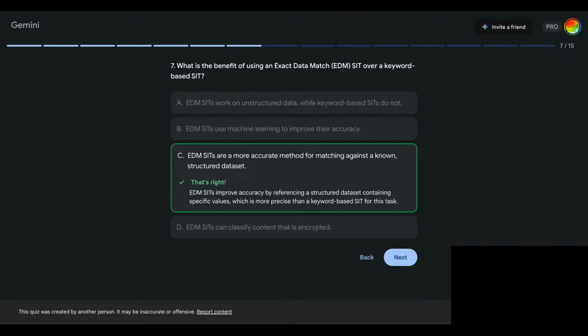So, for example, if I'm trying to detect or monitor a specific ID number, let's say I work in a bank, there's a specific account number that I'm monitoring, and I'm trying to see what's happening on that account number. If there's somebody who's stealing money from it or doing something fraudulent, I would use exact data match and type that exact account number onto the Microsoft platform so that it's able to detect that correct account number.